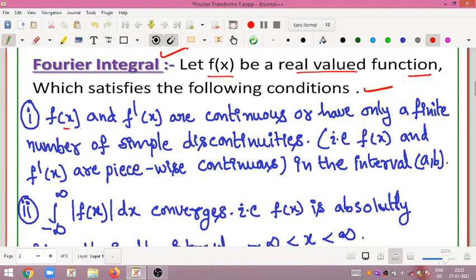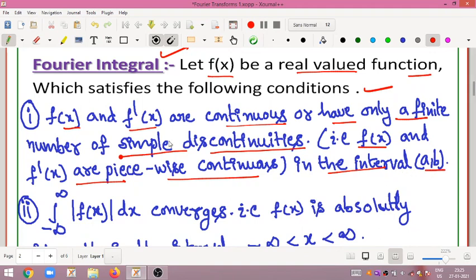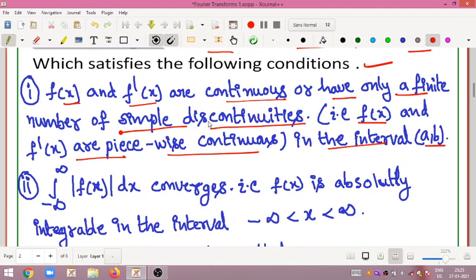First, f of x and f dash of x are continuous or have only a finite number of simple discontinuities, that is, f of x and f dash of x are piecewise continuous in the open interval a comma b.